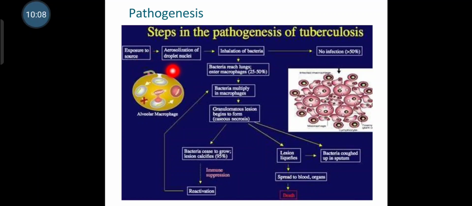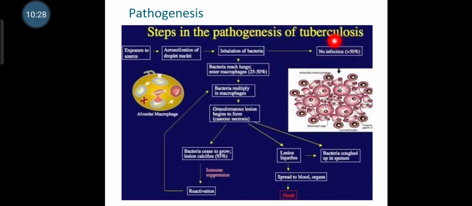After exposure to that microorganism, there is aerosolization of the droplet nuclei. That is, while coughing, droplets are formed in a very small size, and that leads to inhalation of the bacteria into the respiratory system.